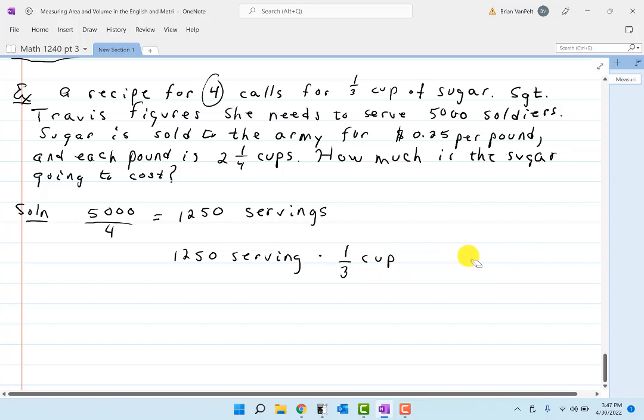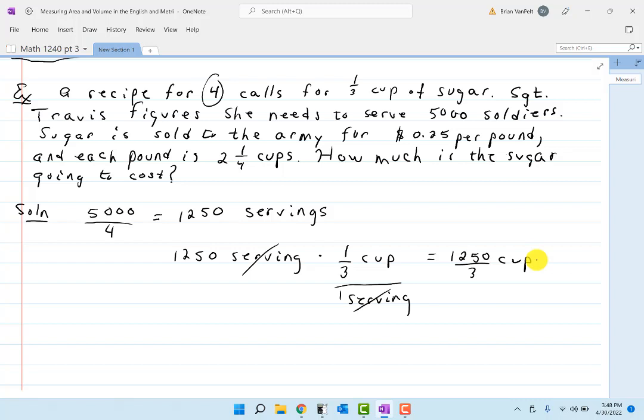Let me erase that, it didn't look good anyways. You can always think of it as divided by serving. So 1/3 cup per one serving. I can wipe these servings out. And this is what we have so far: 1,250 divided by 3 cups.